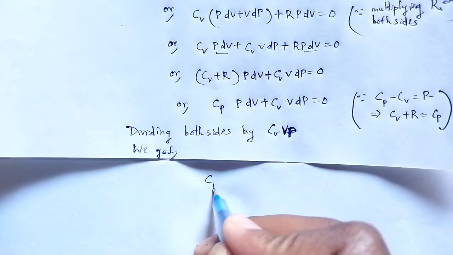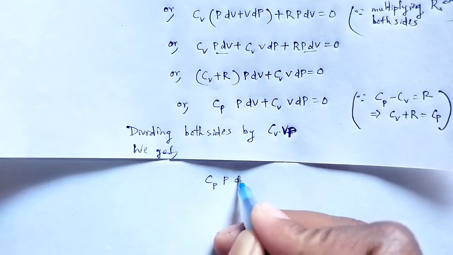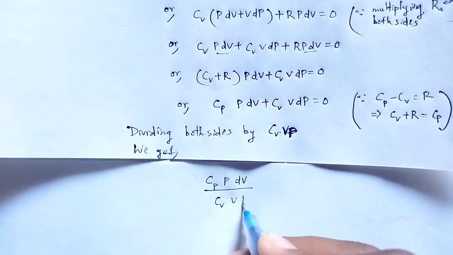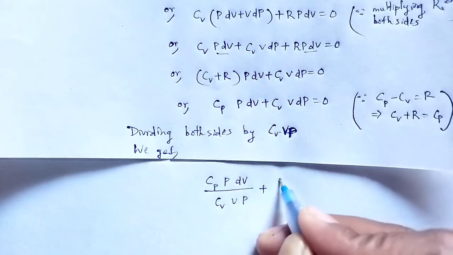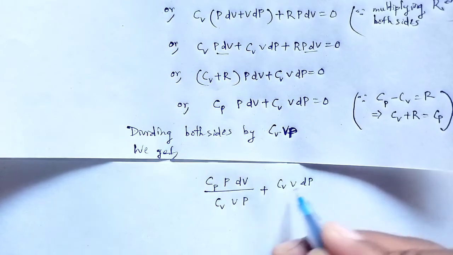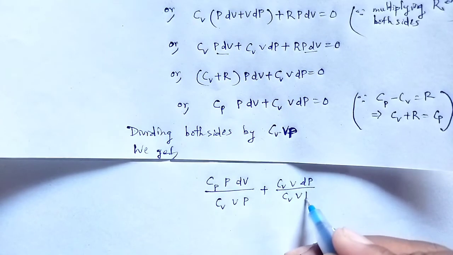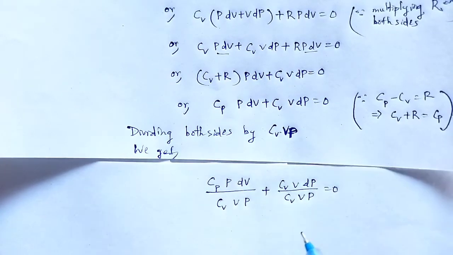It will be Cp P dV divided by Cv V P plus Cv V dP divided by Cv V P is equal to 0.